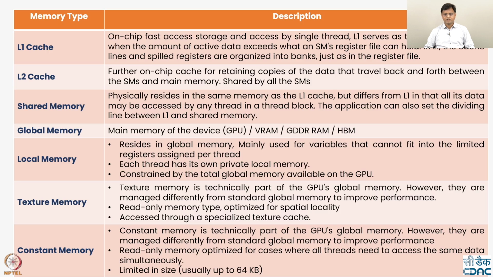But in terms of functionality, it differs from the L1, in that all its data may be accessed by any thread in a thread block, and the application can set the division of the lines between the L1 and shared memory.